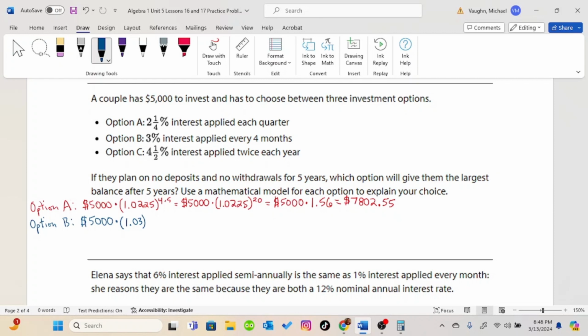And this is applied every 4 months, so that's 3 times per year times 5 years. Three times 5 makes the exponent 15.